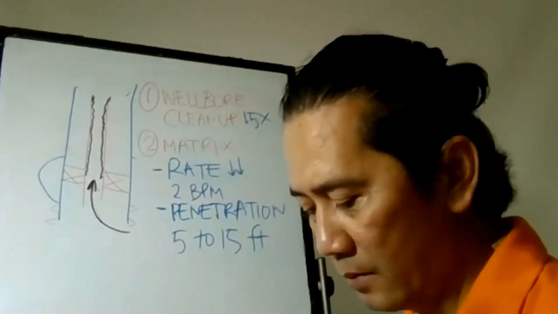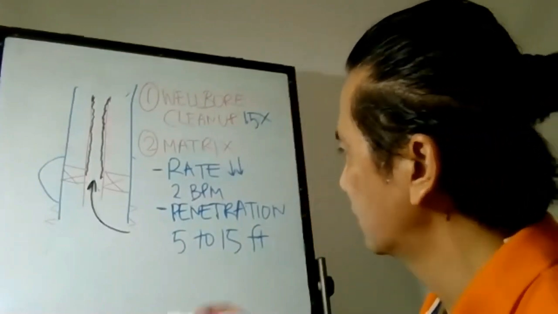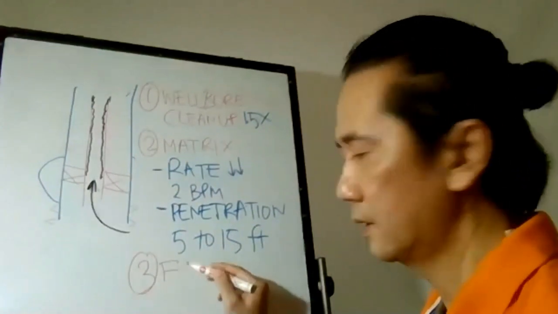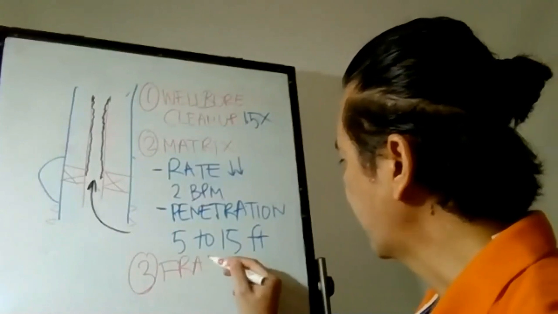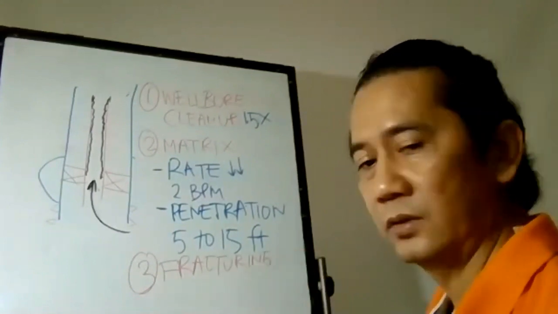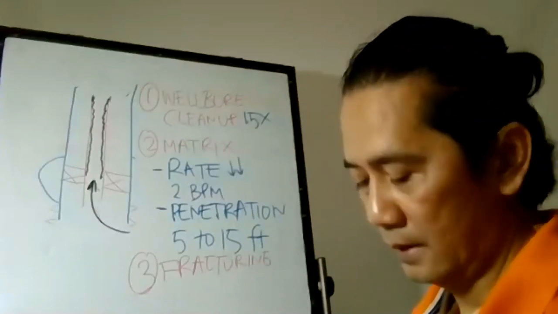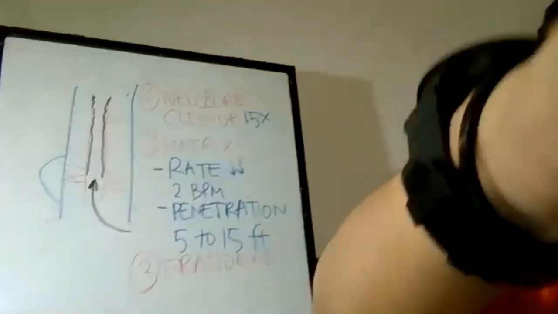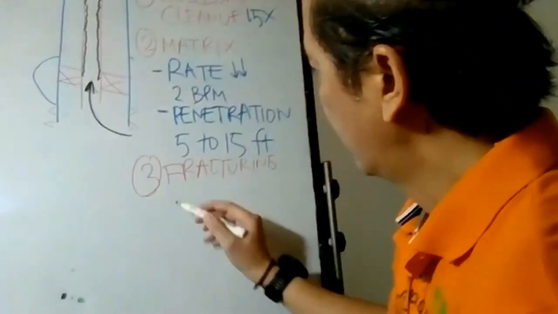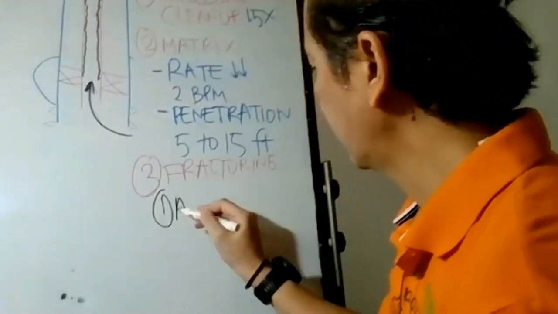All right, so number 3 now, which is what we are going to discuss today, is fracturing. You guys still can see? All right, good. Fracturing is divided into 2 types. Number 1 is acid fracturing.